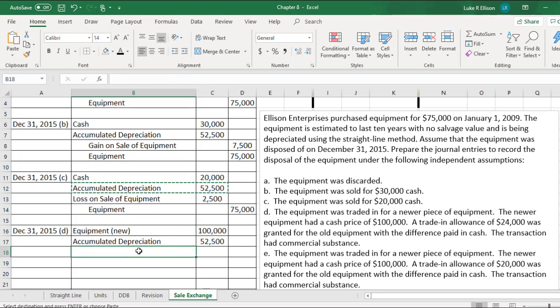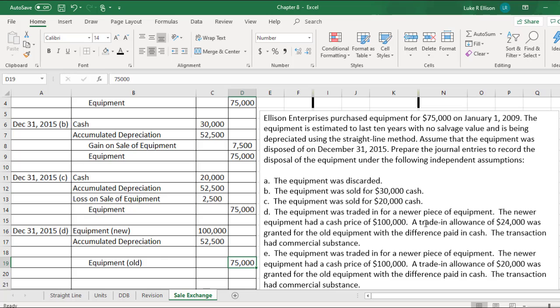I'm going to leave a space for the possible gain or loss. Then I'm going to record the equipment, just like we have in all of the other transactions. But now that we have two pieces of equipment, I have to differentiate that this is the old equipment that I'm getting rid of. That had a historical cost of $75,000.